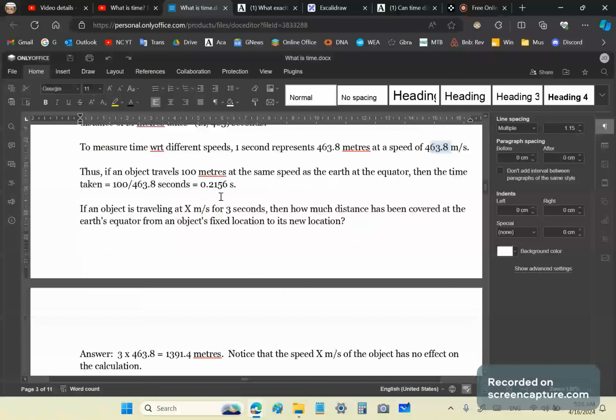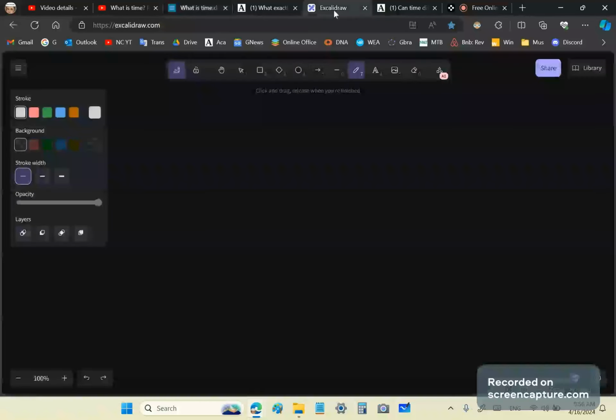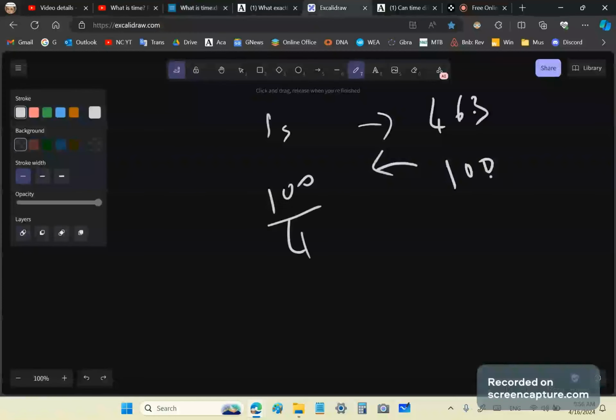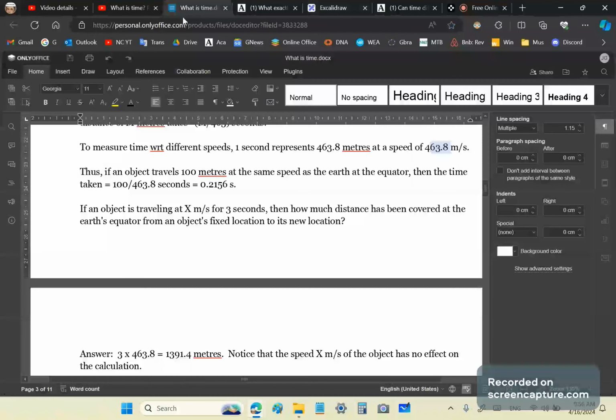So again, how do we do that? That's simply proportion, isn't it? Because as I showed you here, if 1 second gives you 463 and you have 100 and you want to find seconds, it's just 100 divided by 463 times 1. Don't have to bother with that. So that's what the article is telling you.